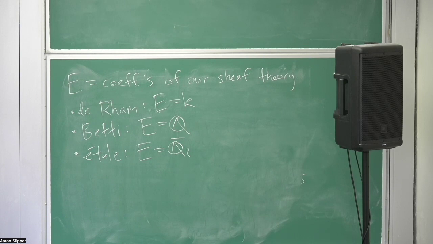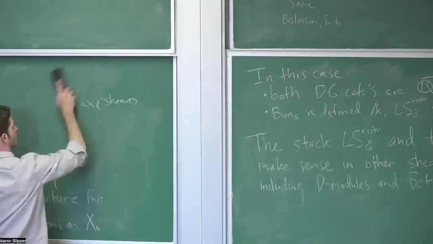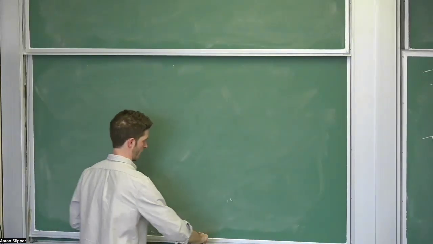Okay, let me make a quick comment on this Loxus restricted. I won't have too much else to say about it in this talk. Again, I want to kind of black box it, but let me make a quick comment about the relationship between Loxus restricted and the earlier versions of Loxus in the settings where we can compare them, right? So de Rham and Betti.